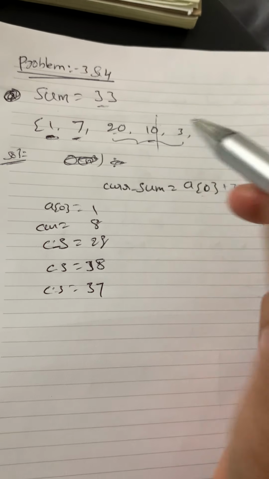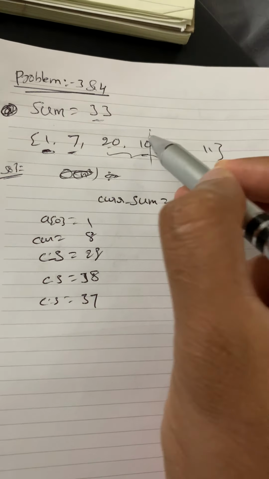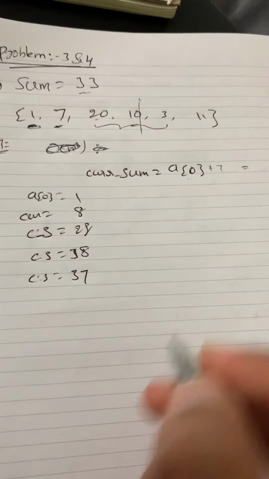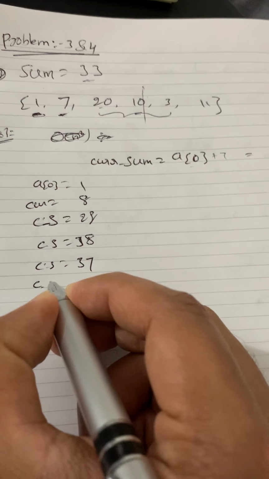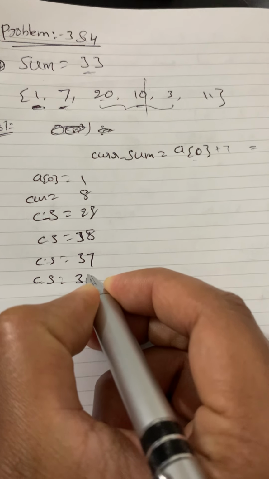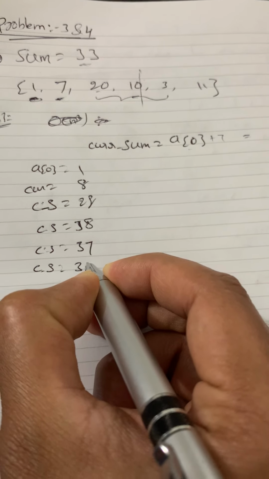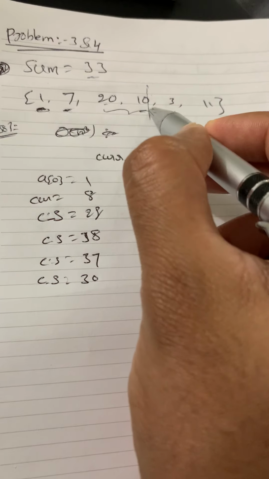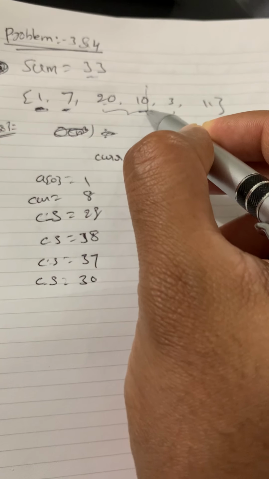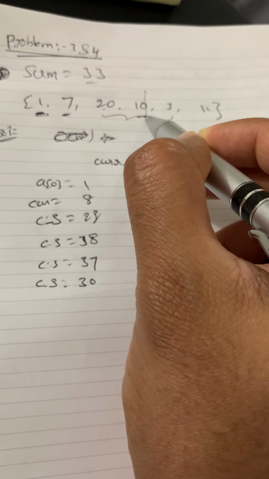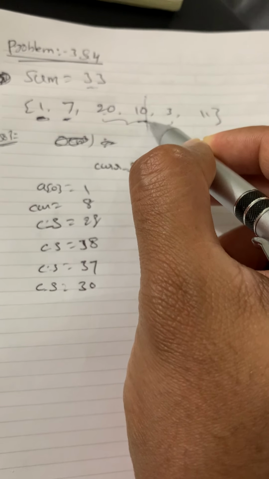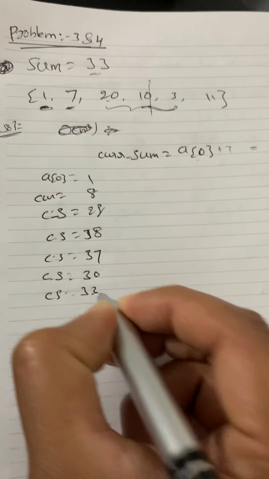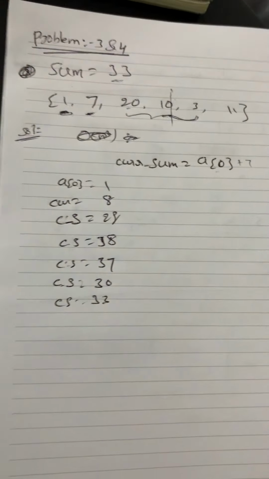So far I explored till here, till number 10. So now I will have to deduct the 7. So now current sum will have information about 30. So 30 is less than 33. So now again I would start traversing from here to the next, and it will find the number 33.